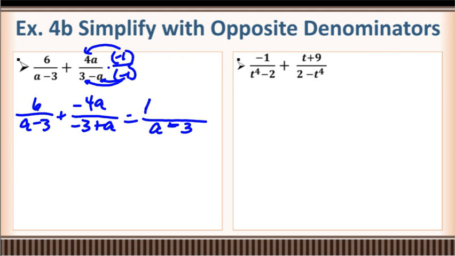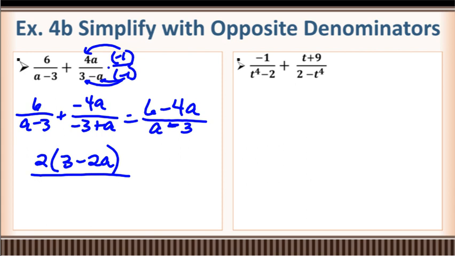And then I have 6 minus 4a. Can I simplify that? Let's see, I can take out a 2, and I'm left with 3 minus 2a over a minus 3. There's nothing in common with the numerator and denominator. I have everything factored out the way I wanted it to be.